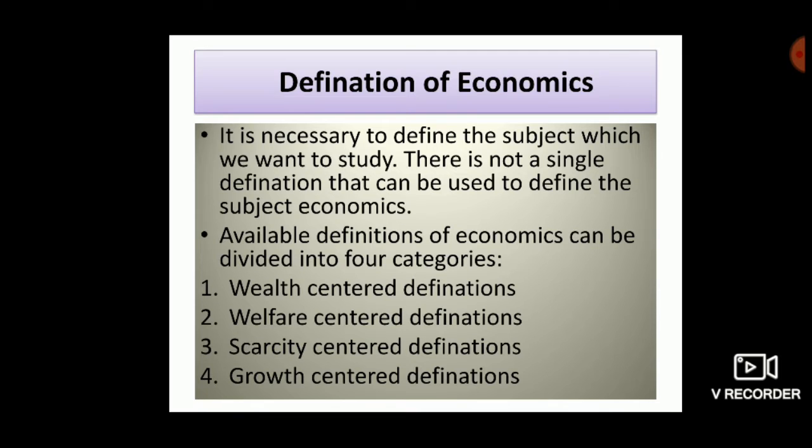There is not a single definition that can be used to define the subject economics which all the economists agree upon. Professor J.M. Keynes has rightly remarked, economics is said to have strangled itself with definitions. Even the economists seem to disagree with each other when it comes to their own views on the matter.